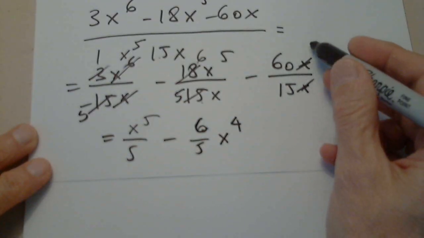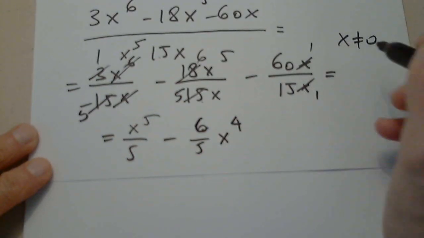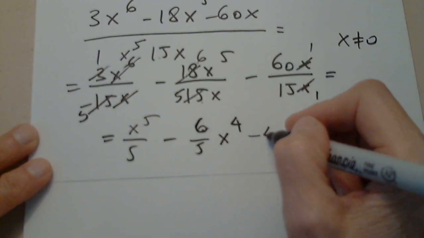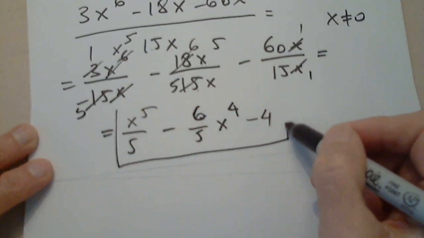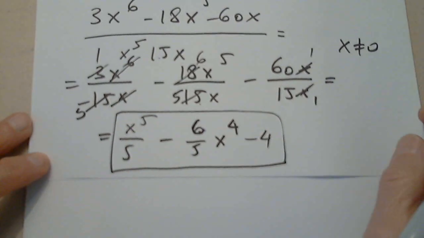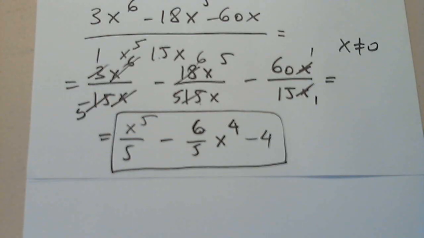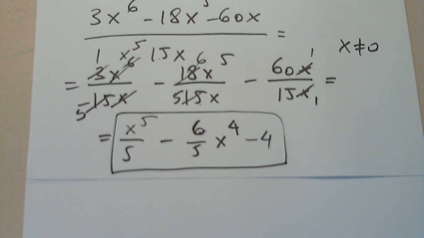I'll simplify x and x, they go away. Of course, x cannot be 0. And when I simplify, I get minus 4. And this is it. Any questions on this problem? Any questions?